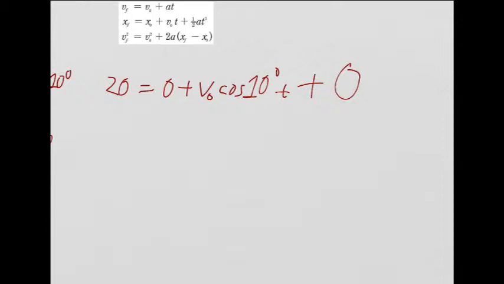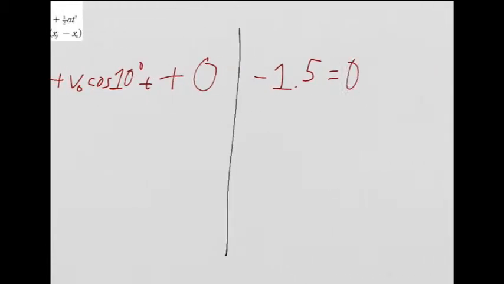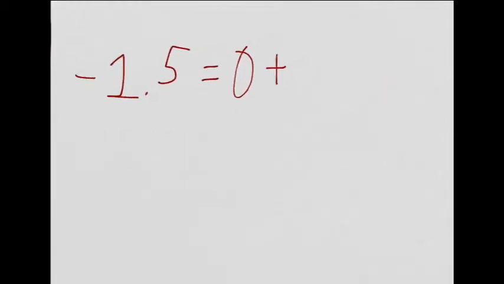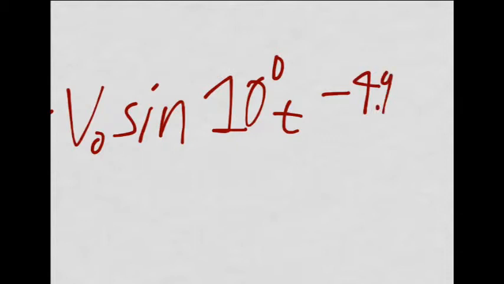And now I'm going to do y over here. The final position of y is negative 1.5 meters equals initial, that's just going to be 0 again, plus, I'm running out of space, gotta make it smaller, plus initial velocity sine 10 degrees t minus 4.90 t squared.